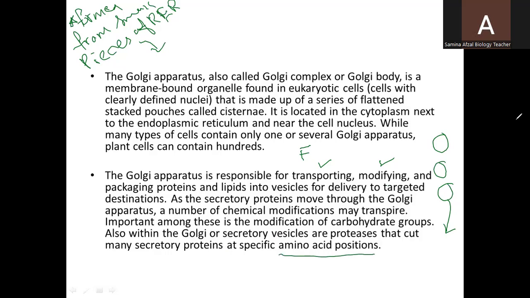So there are also different types of enzymes, and they will also help in the formation of lysosomes. Lysosomes are also formed by these vesicles. We will discuss lysosomes in detail in the next videos, inshallah. Lysosomes also contain enzymes.